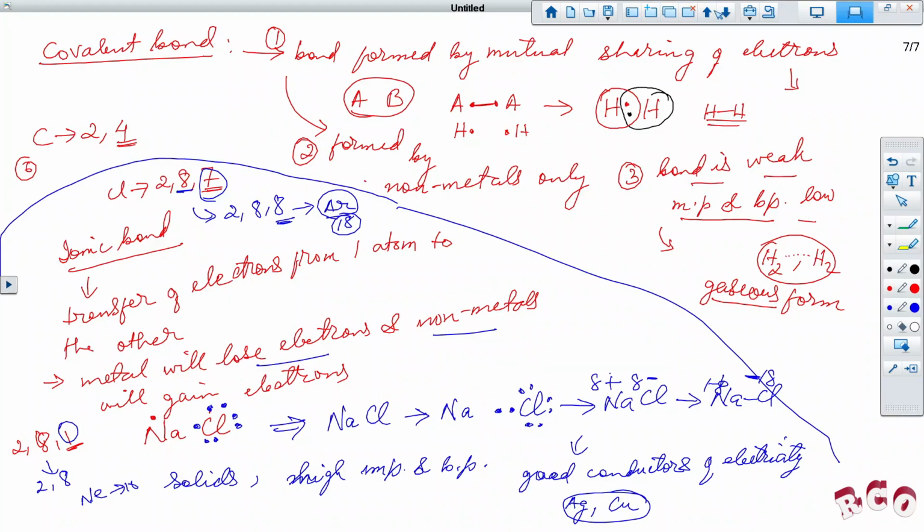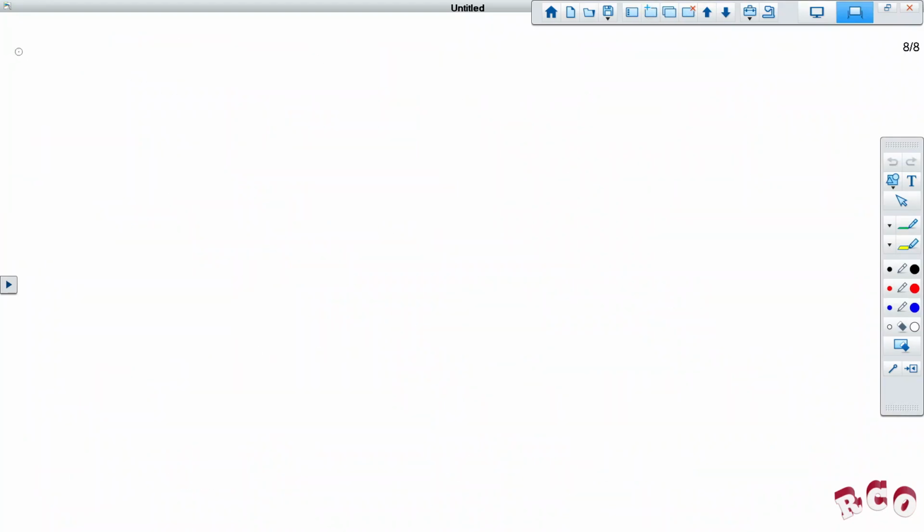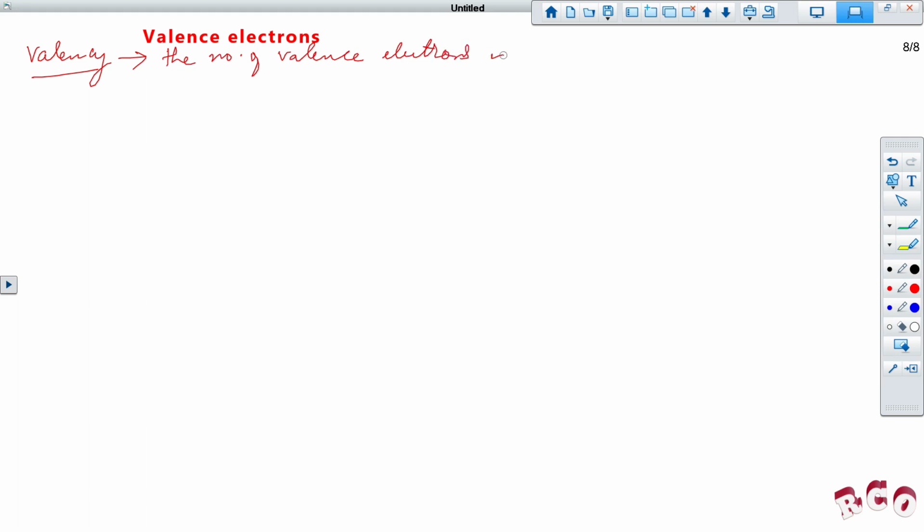Let me go to the next page. Let me give a brief about valency. So what is valency? Valency is the number of valence electrons in the outermost orbit or shell.